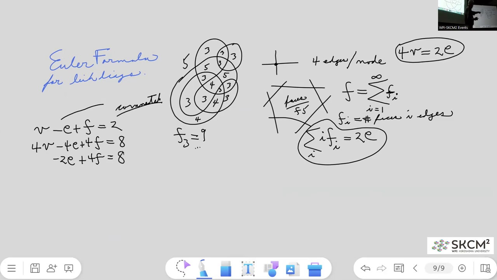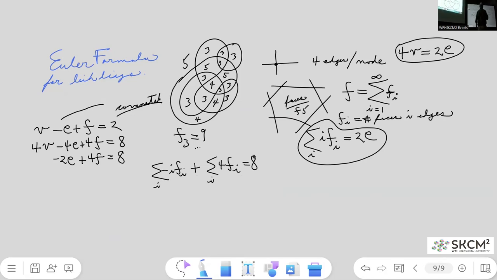Now, minus 2e is expressed entirely in terms of f sub i, and f is expressed entirely in terms of f sub i. So I can write this as the sum on i of minus i f sub i, that's minus 2e, plus the sum on i of 4 f sub i is equal to 8.